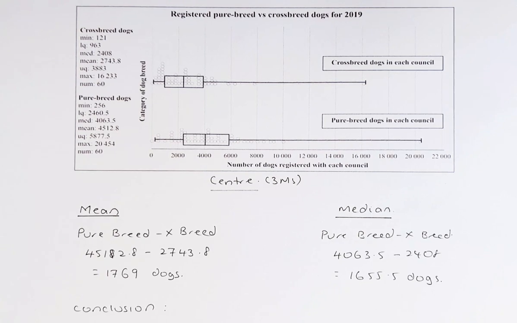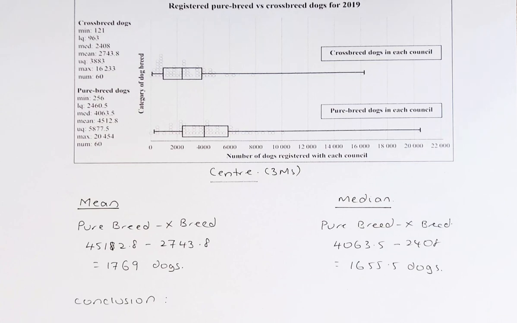If we compare the median, also found on the left hand side of the graph, the purebred has 4,063.5, while the crossbreed has 2,408, and therefore the median for the purebred is bigger by 1,655.5 dogs. So what is the conclusion? Since the purebred has a bigger mean and median, we can confidently conclude that purebred dogs are registered more than crossbreed dogs. Got it?